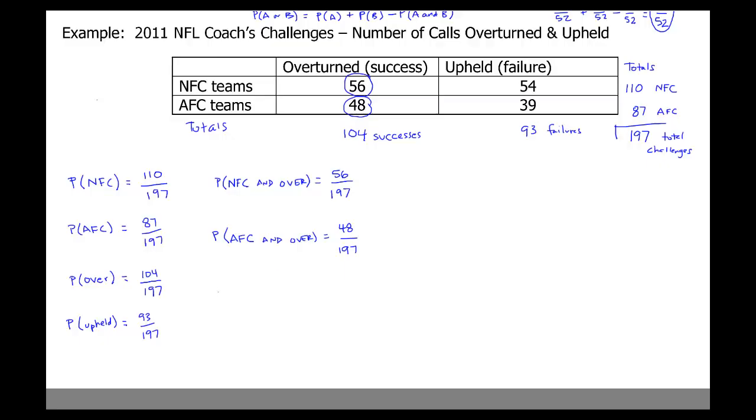Okay, so let's do something a little bit different on the next one. We can say, what's the probability that a call was overturned given that, and we just use a vertical line to represent given that, the team that threw the challenge flag was an NFC team.